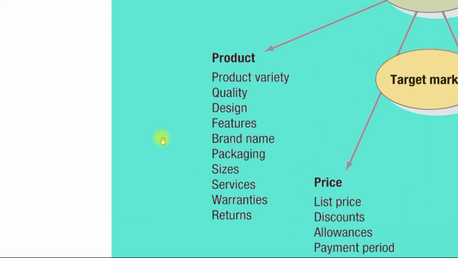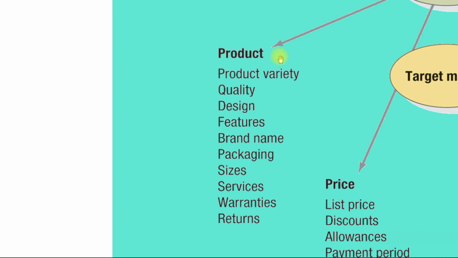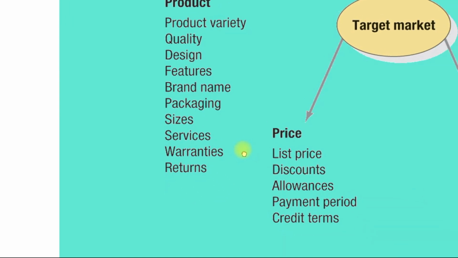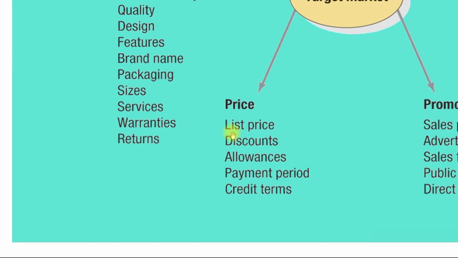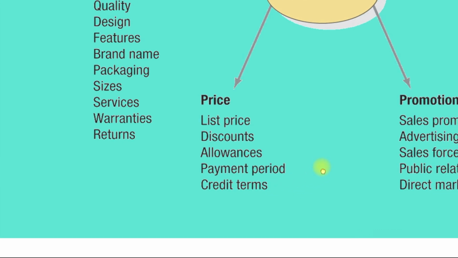You can see here the product has product variety, quality, design, features, brand name, packaging, sizes, services, warranties, returns. The price, you have list price, discounts, allowances, payment period, credit terms.